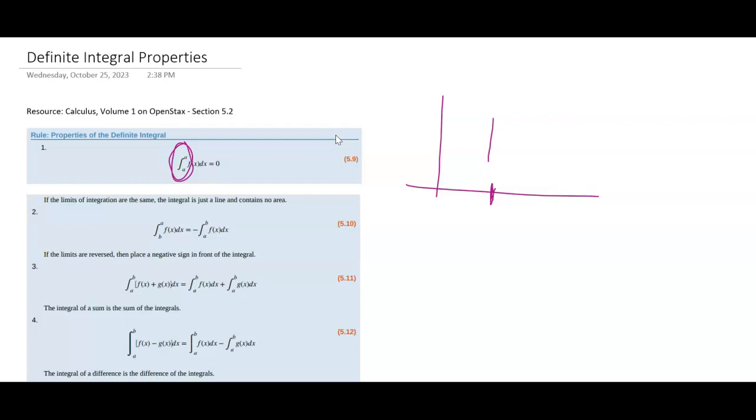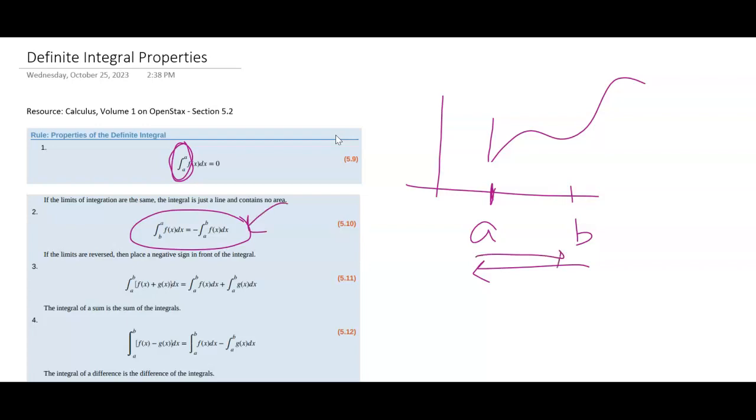Also, if your bounds are essentially backwards, so let's say that this is a and this is b, and you have a function like so. If you were to do your integral from b to a, that's like backwards on your number line. So we change that by doing the negative of this way.